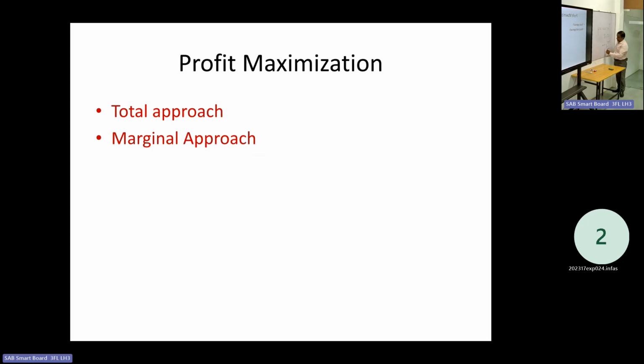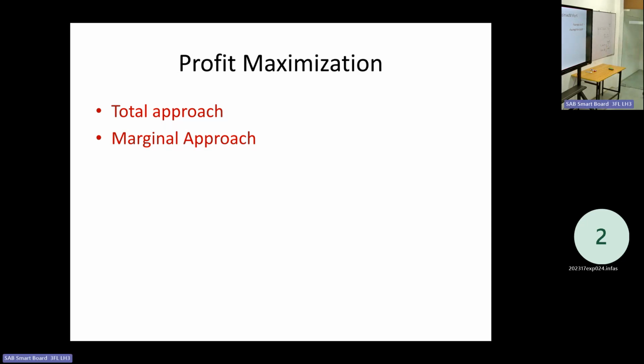The first condition is that marginal cost should equal marginal revenue. And the second condition is that marginal cost should be greater than marginal revenue beyond that point, beyond the profit maximization point. These two conditions should be satisfied in order to maximize profit.